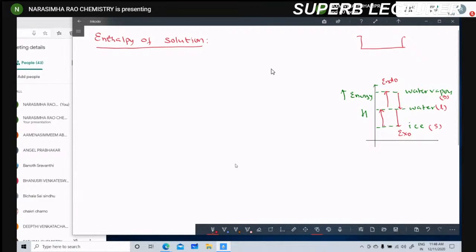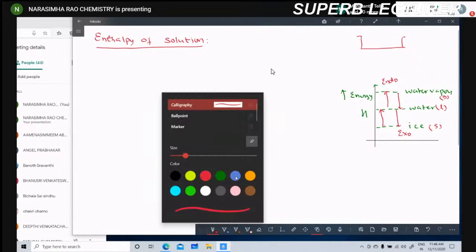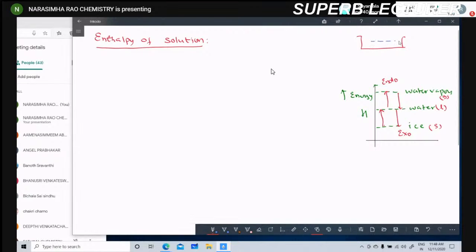Here two different definitions are there: integral enthalpy of solution and enthalpy of solution. We have no need to discuss the integral one; I will just explain the enthalpy of solution. This is a solvent, not a fixed quantity, an infinite quantity of solvent.